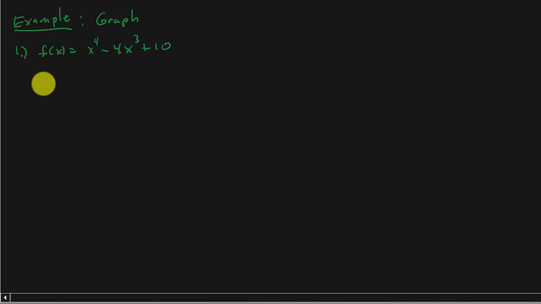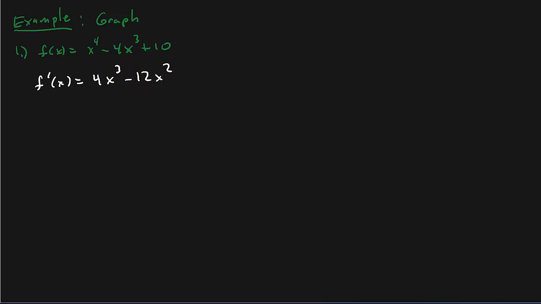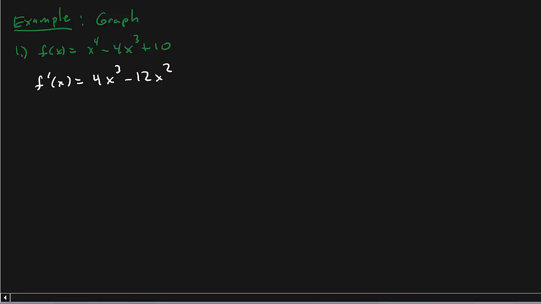All right, so we've got f prime of x is equal to 4x cubed minus 12x squared. So 4x cubed minus 12x squared equals 0. We're going to factor out a 4x squared, and that's going to leave us with x minus 3 equals 0.